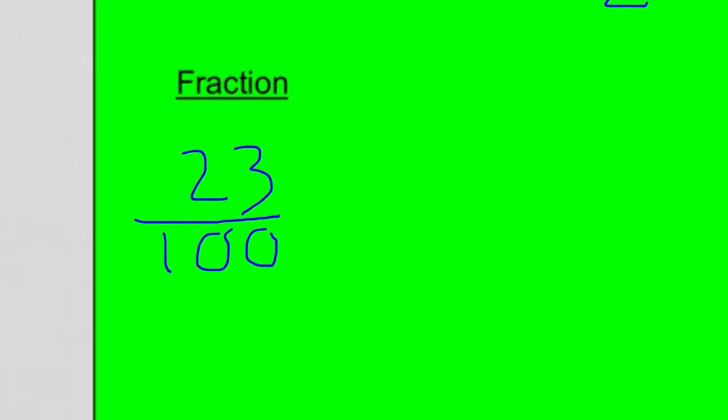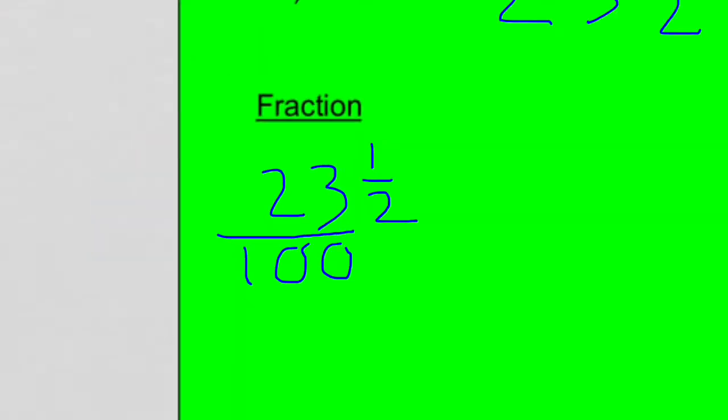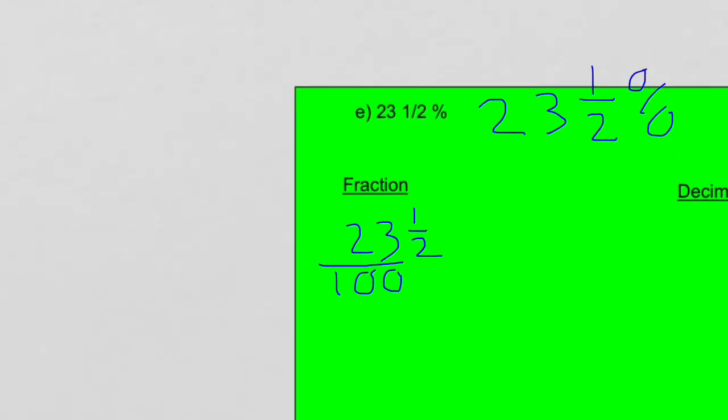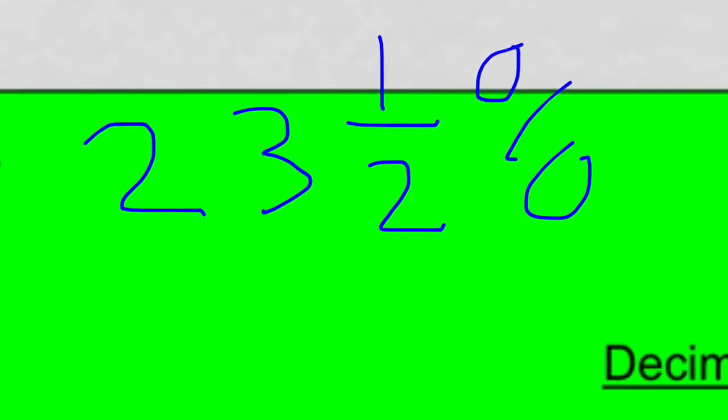So this is actually correct to do this. This means 23.5 out of 100. Because percent means a fraction out of 100. Now, one of the things people get confused about here is they go, whoa, whoa, whoa, Mr. Weber, isn't this already in fractional form? It's a mixed number, right? But it's actually a percent that has a fractional part.